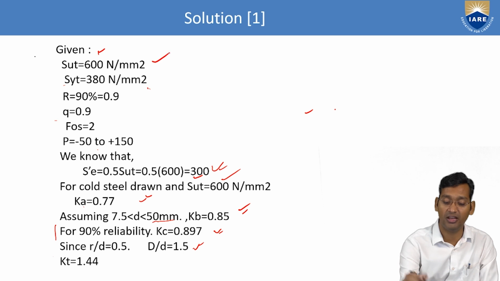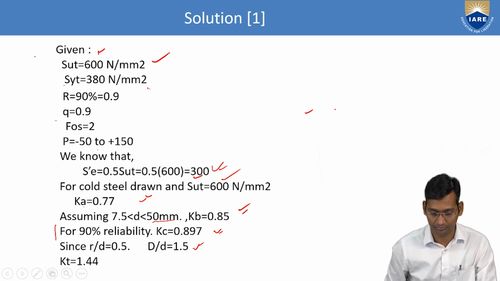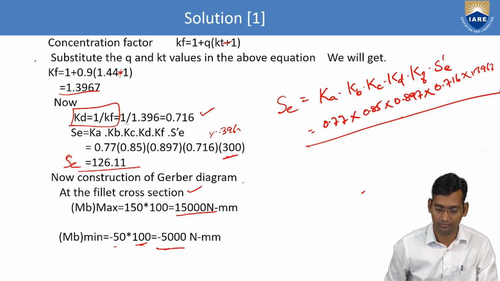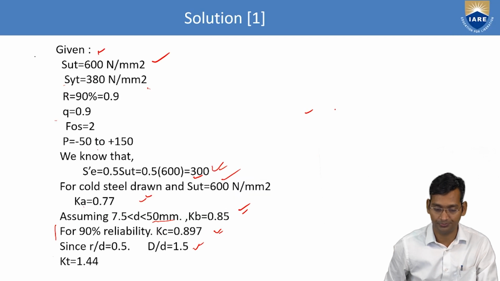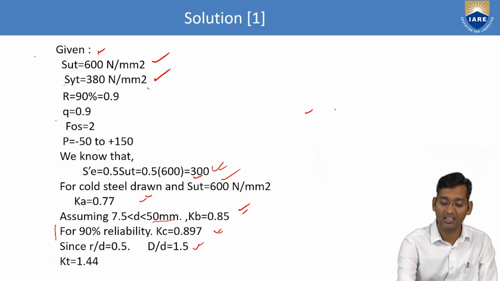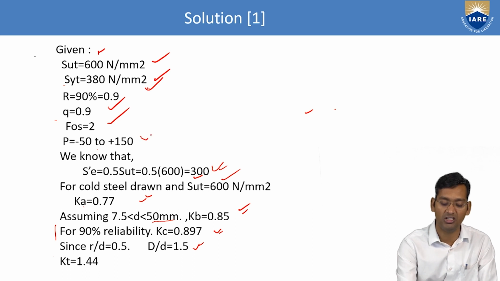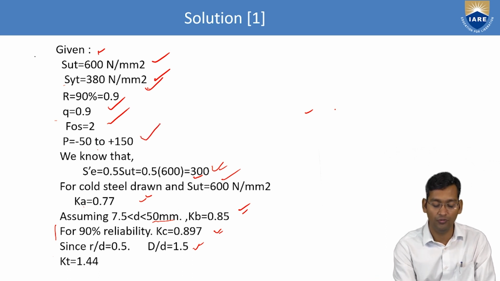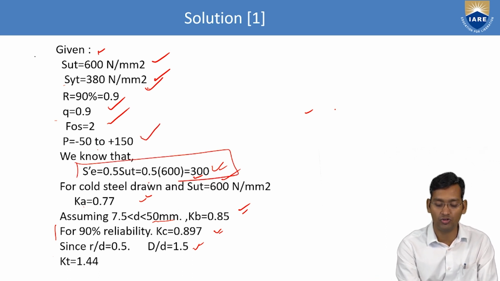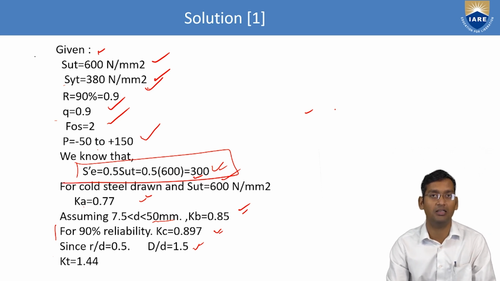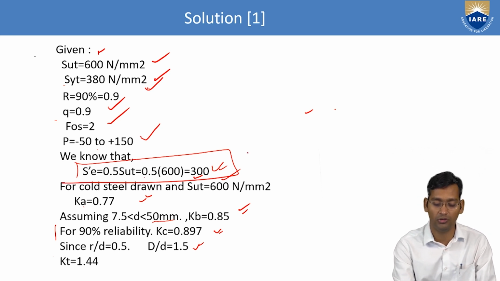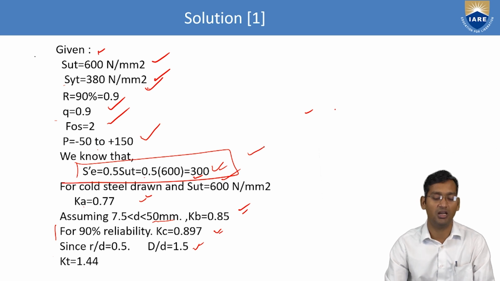SUT is given, SYT is given, reliability is given as 90%, Q is given as 0.9, the notch factor of safety is given as 2, and P is given as minus 50 to plus 150. We know that Se dash equals 0.5 S ultimate, half of that, so 0.5 into 600 is 300.